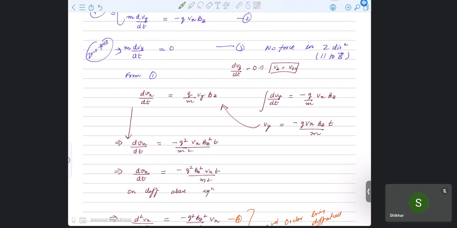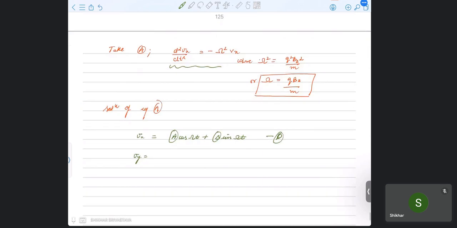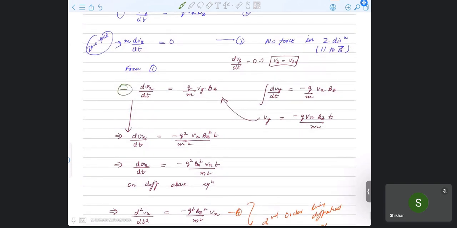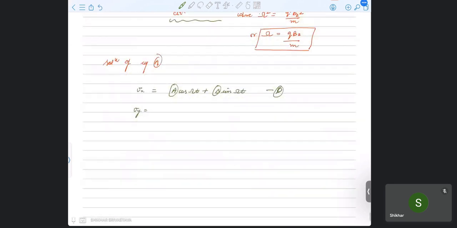We can write Vy as (m by q) dVx by dt. From this equation I would take, Vy can be written as m upon q Bz times dVx by dt.